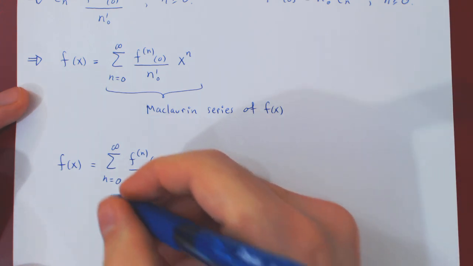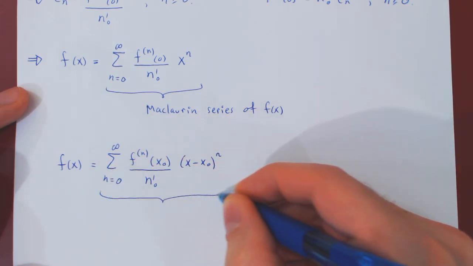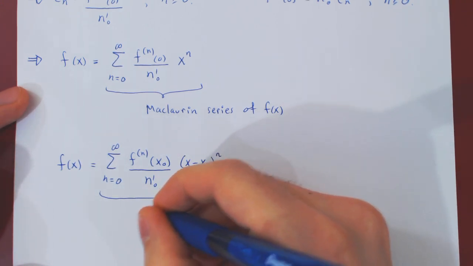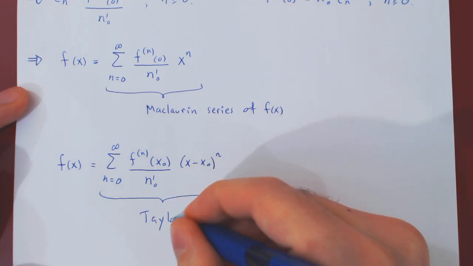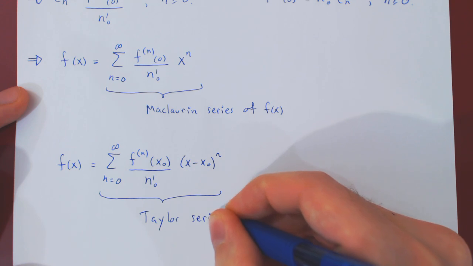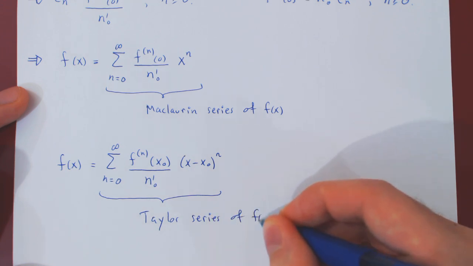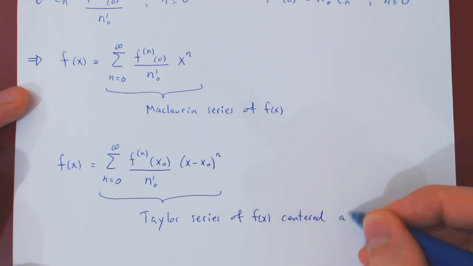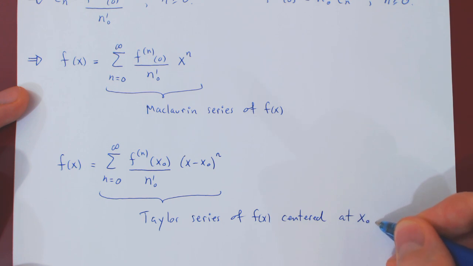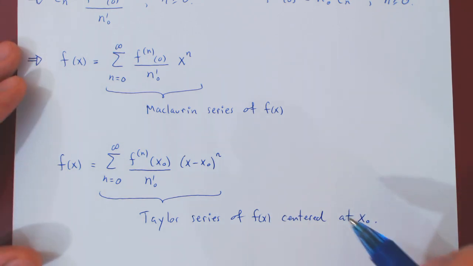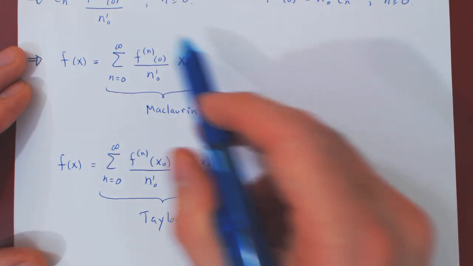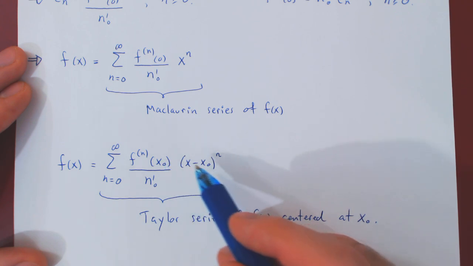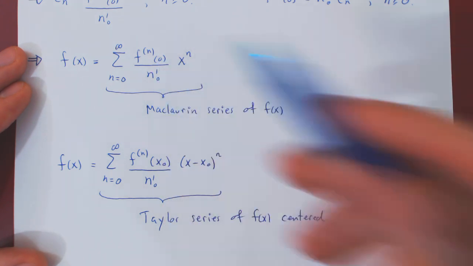And this is the so-called Taylor series of f of x centered at x0. And of course, you can see that the Maclaurin series is simply a special case of the general Taylor series when x0, the center of the expansion, is chosen to be equal to 0.